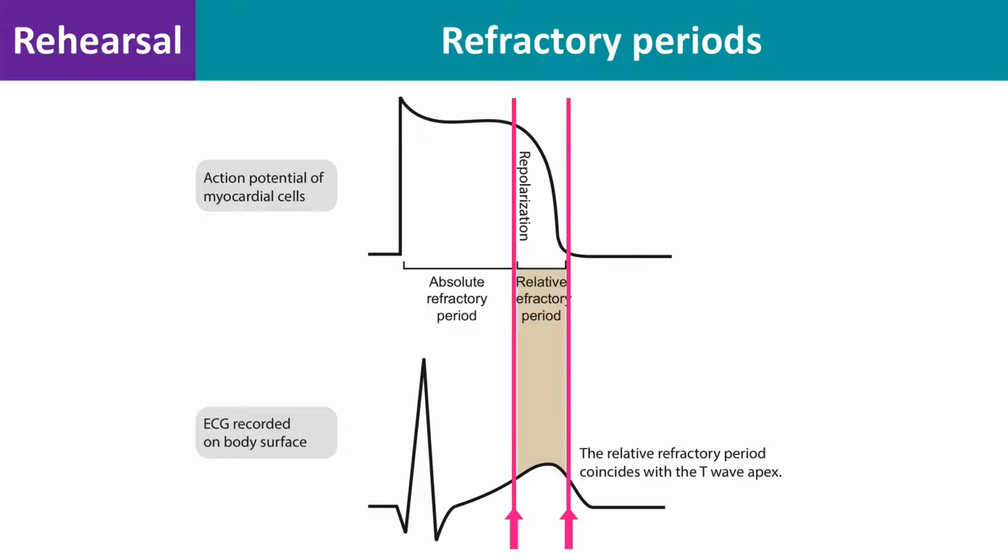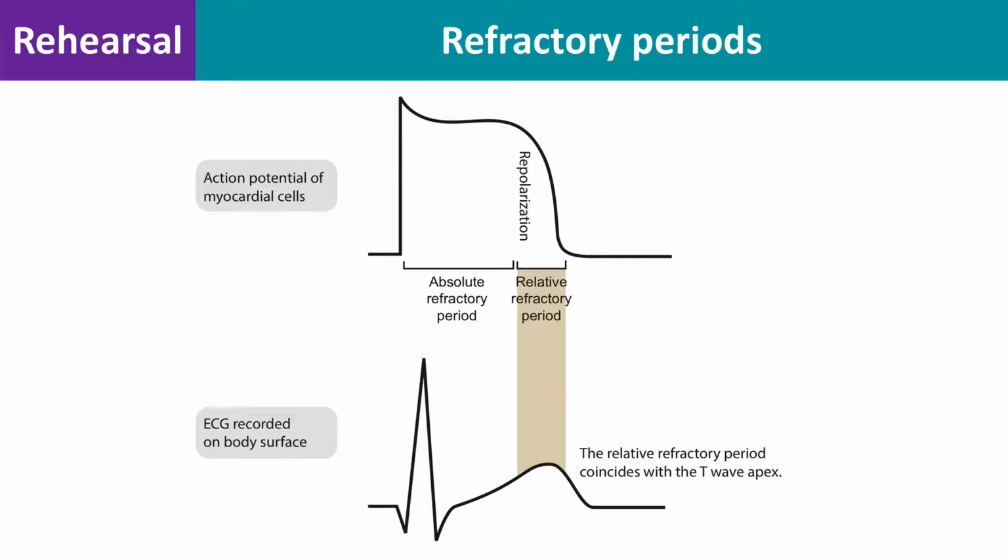But this part of the cardiac action potential is the relative refractory period. And during this period, the cell can actually trigger another action potential if it is stimulated by a strong stimulus. But during the absolute refractory period, the cell cannot be stimulated again regardless of the intensity of the stimulus.